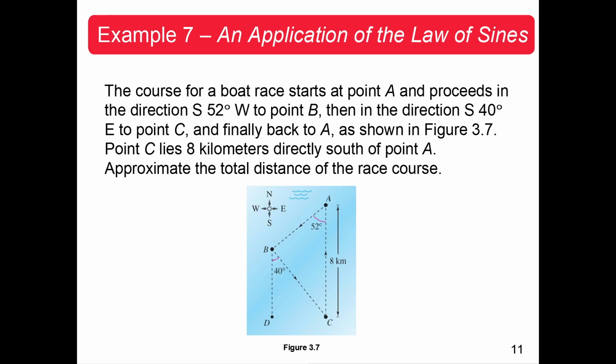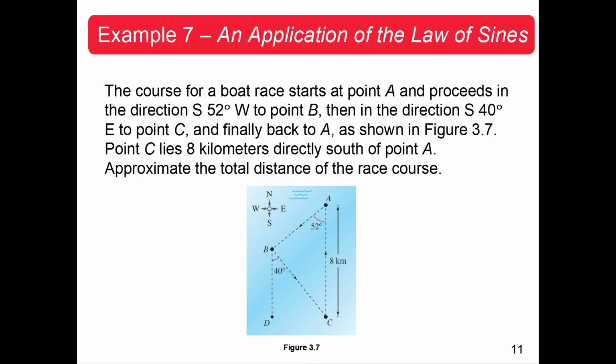This is where we need to make use of some old ideas from high school geometry. We need to note that with both of our directions, south 52 degrees west and south 40 degrees east, we're using the same reference line. We're using south in each case, and that is going to run parallel to itself.